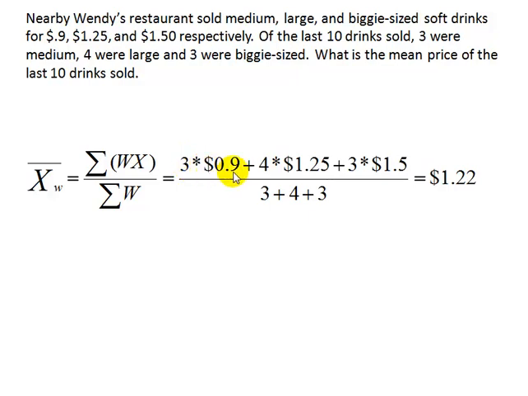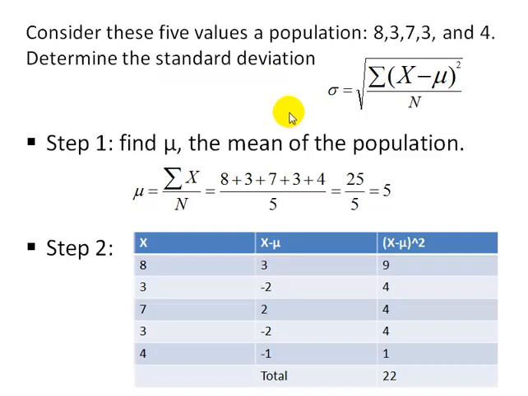So here it is 3 times 0.9 plus 4 times 1.25 plus 3 times 1.5. Each one, 3 times 0.9, is w times x. 4 times 1.25 is another w times x, and 3 times 1.5 is another w times x. Then we sum them up and divide by the total weight. The total weight is 3 plus 4 plus 3. So we get 1.22.